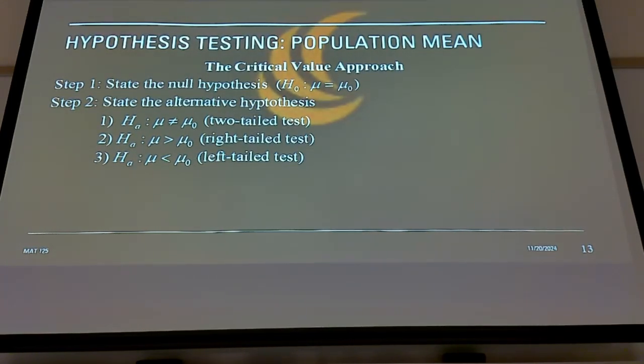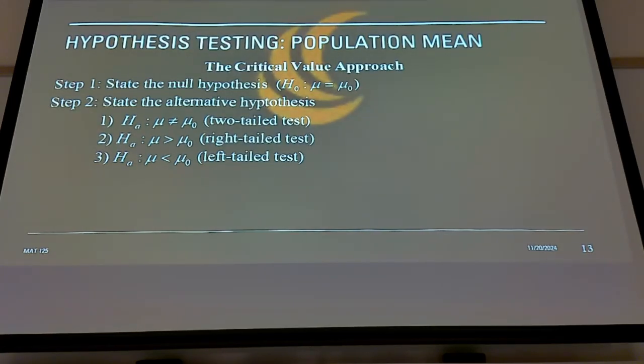And it's very easy to determine what tailed test it is. The inequality sign points in the direction. Right? Greater than points to the right, so it's a right-tailed. Less than points to the left, it's a left-tailed. And not equals, you can also think of it as a greater than, less than together.